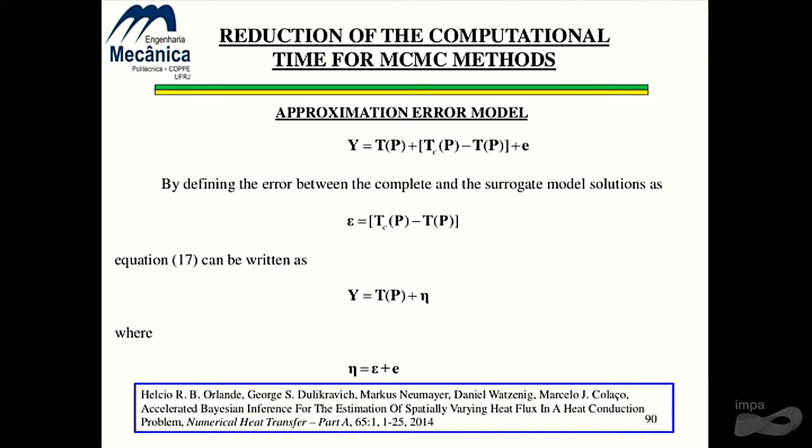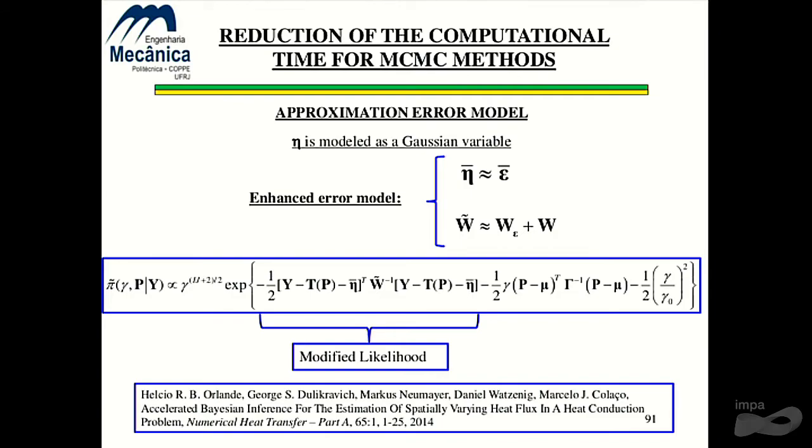To decide how many samples you need, you have to look at the mean, and also the covariance matrix of epsilon. Because the convergence of the mean is very fast, but the convergence of the covariance matrix is much slower.